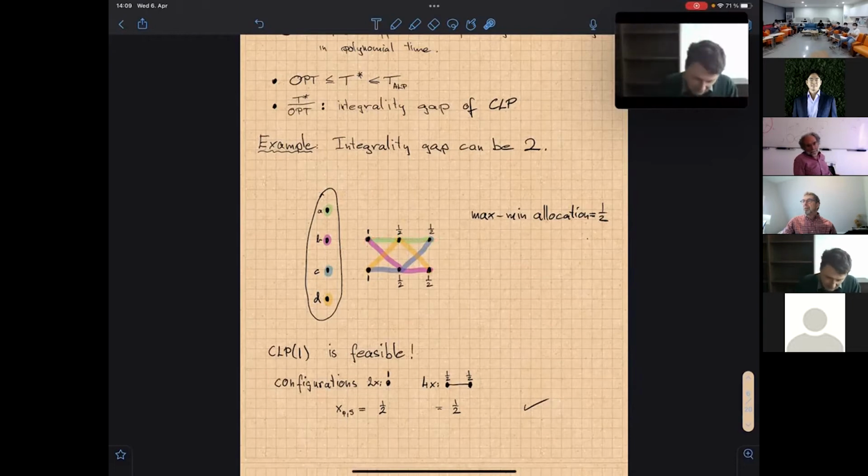And if you sum up for each resource, each resource has degree 2 in this hypergraph, so they will also get value 1. So this is feasible. So there is a factor 2 difference.